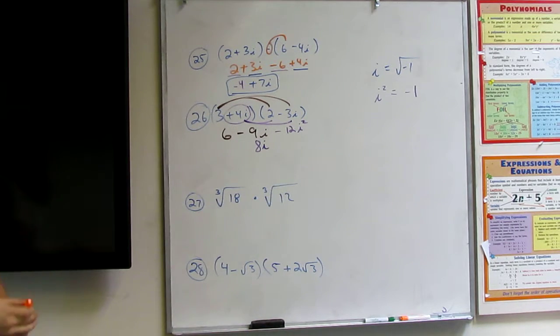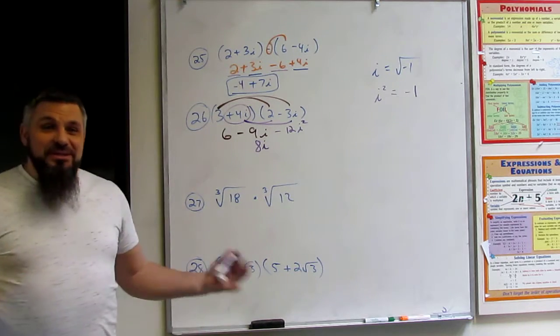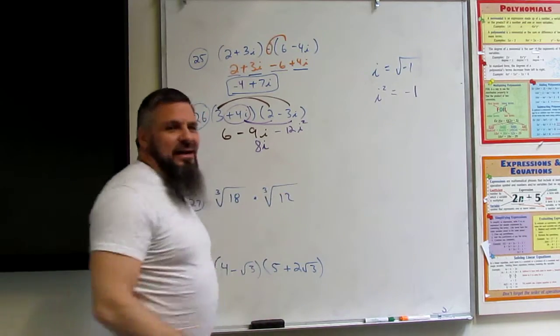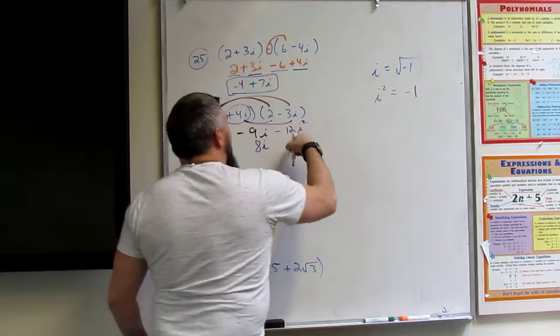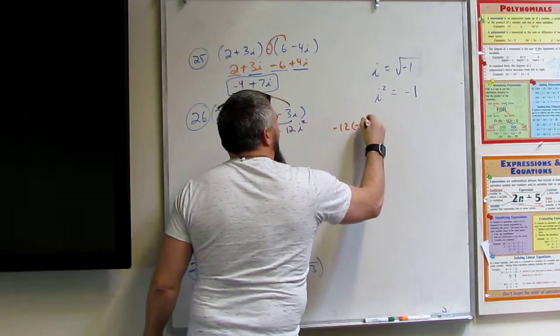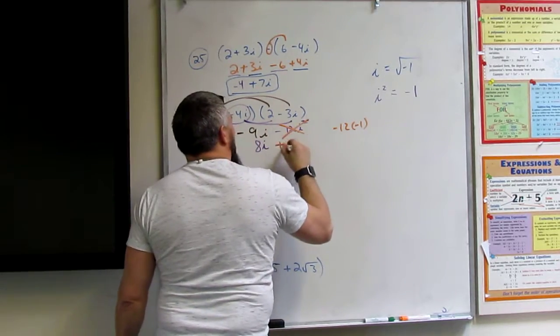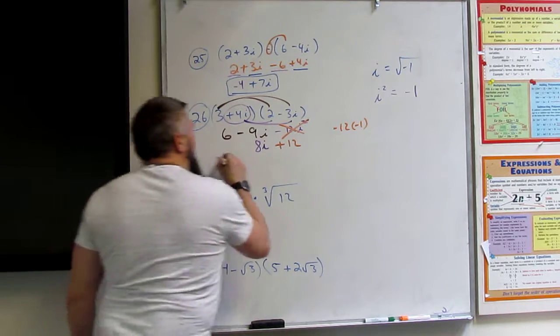So here's the thing. This is how I'm showing it nowadays, which makes really good use of this. What is i squared? Negative 1. So this is really negative 12 times negative 1, which is 12. So this becomes plus 12, right? And then we get to add these up.